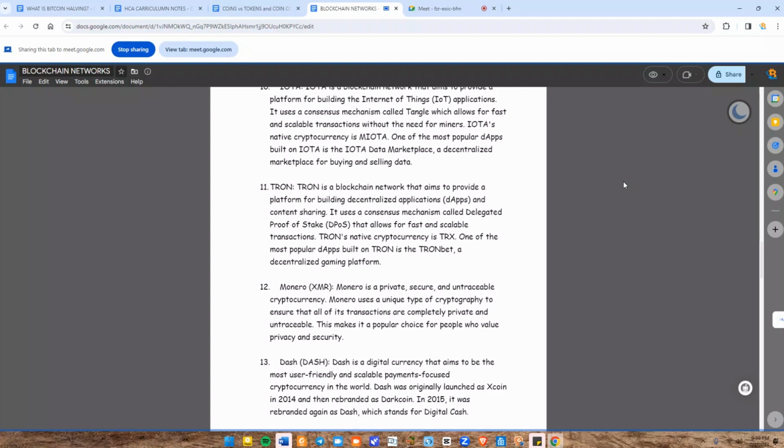You see, we have Monero. Now, Monero is a bit different from the rest because Monero has actually been used so much on the dark web, especially when you want to do illegal transactions and you want to hide and you don't want a trace. Because if someone knows your wallet, they can follow through the transactions that you make across the blockchain network.